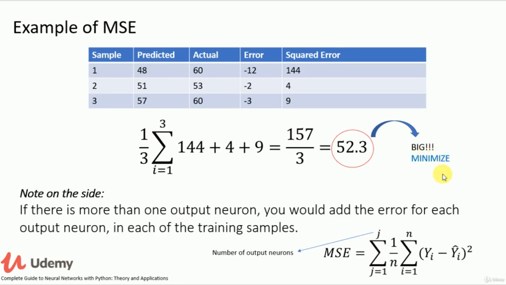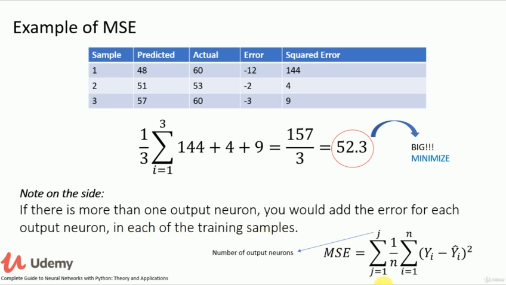By training the network. One note on the side: this case is just for one output neuron. But if there's more than one output neuron, then you add the error for each of the output neurons. You take the error for each output neuron and add them all together in each of the training samples.